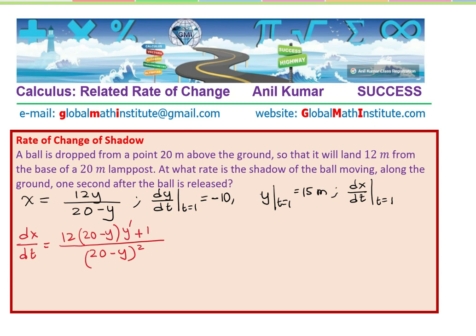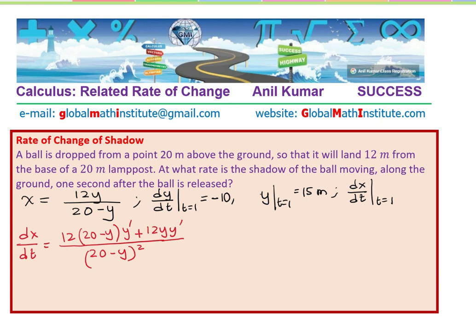So we get 12y y prime. So that is the derivative of 20 minus y. Whenever you do the derivative of 20 minus y or 12y, you get dy/dt, correct? We have to still differentiate that with respect to time.